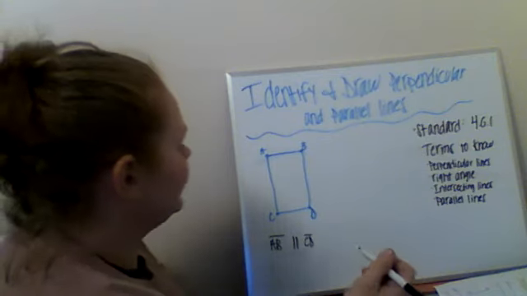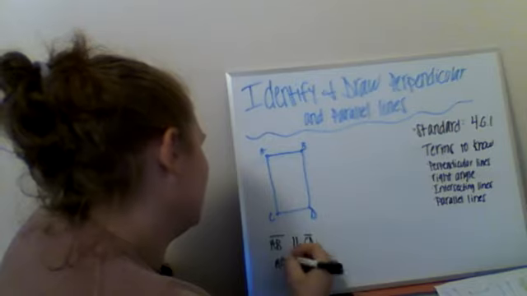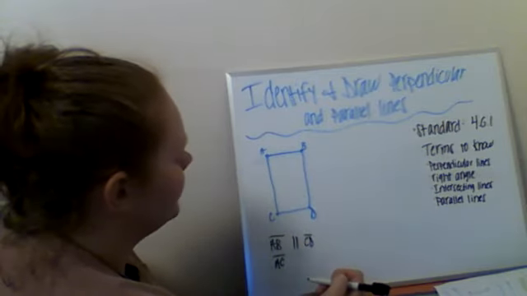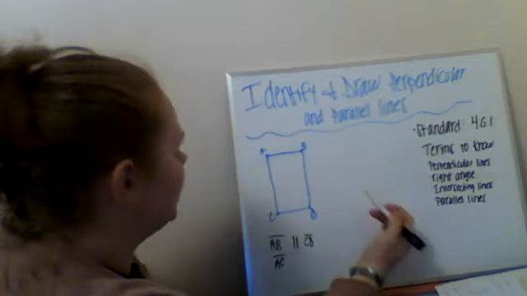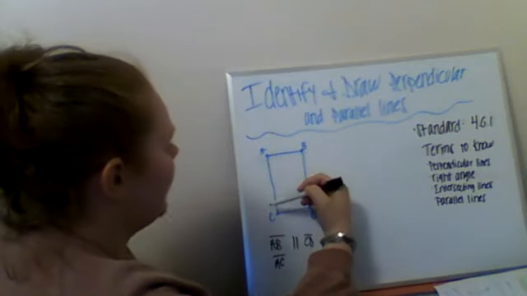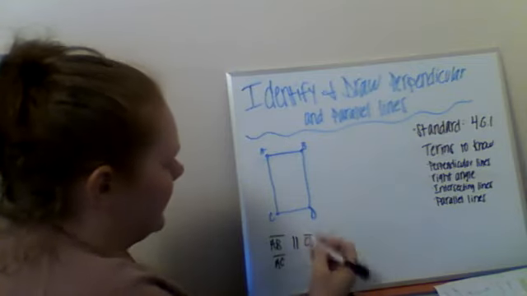Now, let's look at line segment AC. All right? Which line or lines are parallel to line segment AC? Well, if I'm looking at right here, a parallel line never crosses, so BD is going to be parallel to AC.